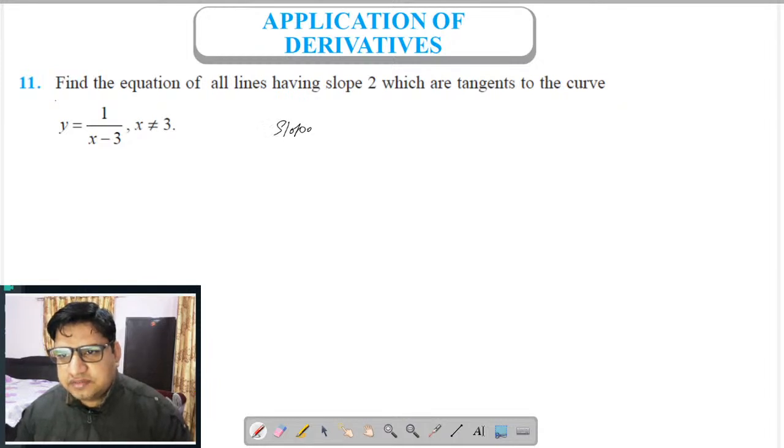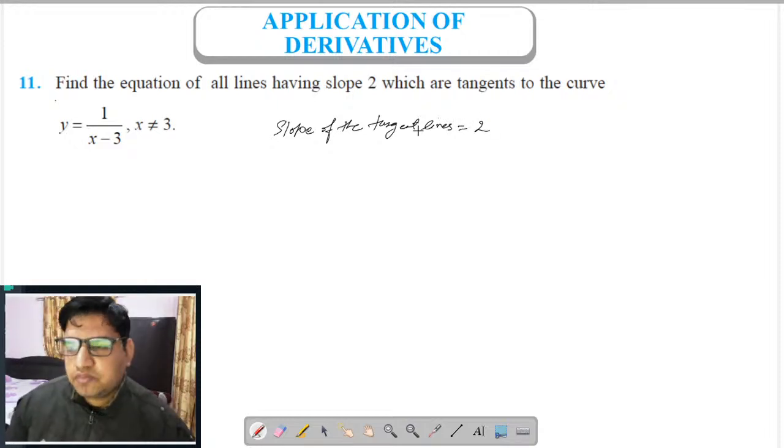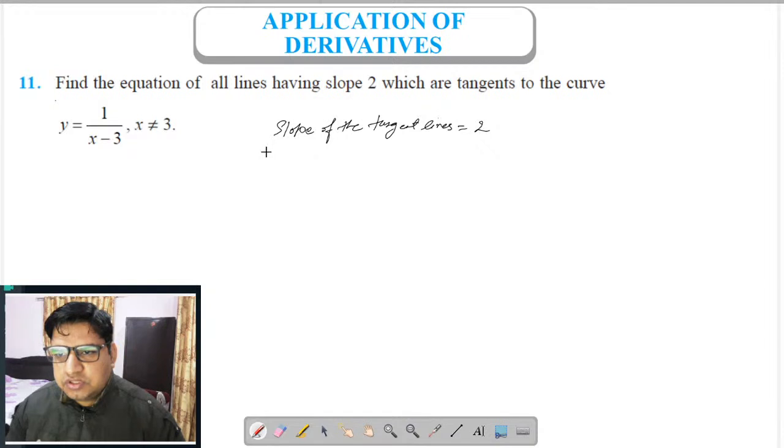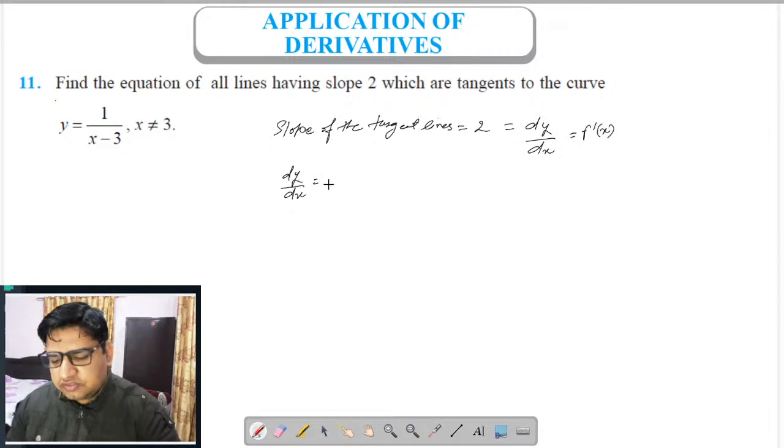So here the slope of the tangent line is given to us as 2. As we know, the slope of the tangent line is dy by dx, or you can say f dash x. So dy by dx is equal to d by dx of 1 upon x minus 3.